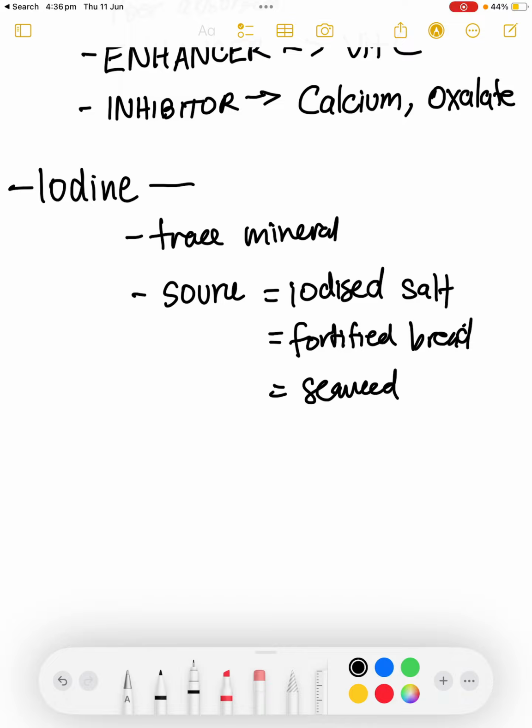With iodine deficiency, people can feel cold, and there can even be weight gain. Energy is more stored than burnt. And goiters can happen where the thyroid really enlarges and produces a ball-like shape around the jugular.